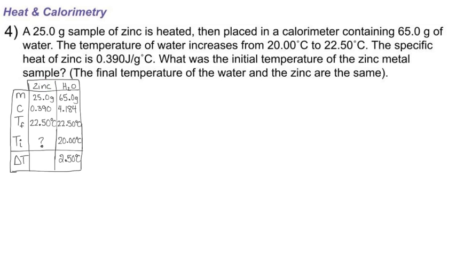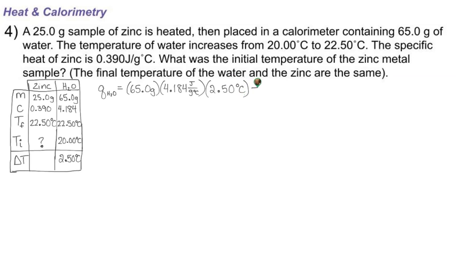So let's go ahead and calculate the Q for the water. It's going to equal 65.0 grams times 4.184 joules per gram degree Celsius times 2.50 degrees Celsius of our temperature change.